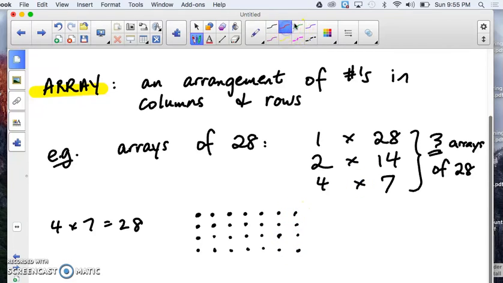I'm going to use a different color here. So this is 7 dots, and these are 4 rows. So 4 times 7 gives you 28. And that's your definition of arrays and factors.